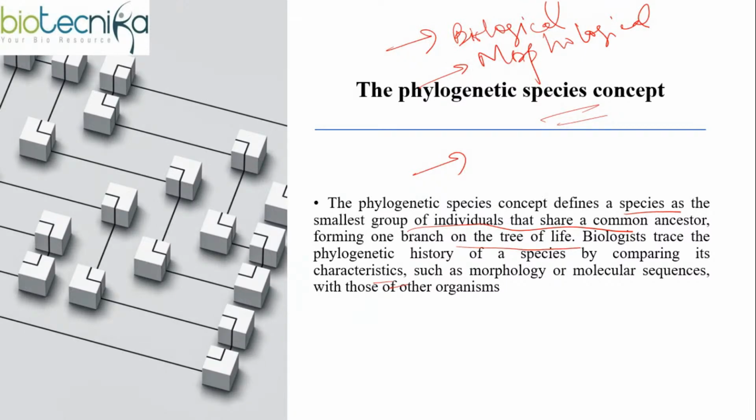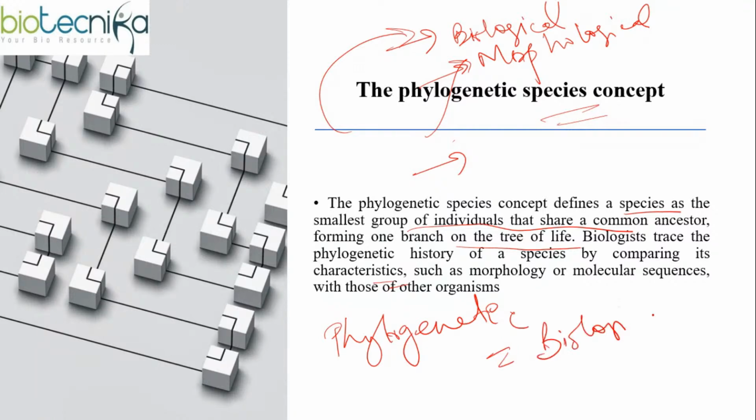So the phylogenetic species concept is connecting both biological and morphological. Can we represent this as phylogenetic species concept equals biological plus morphological? These two together will form the phylogenetic species concept, because it is going to utilize the variables of the biological and morphological species concepts.